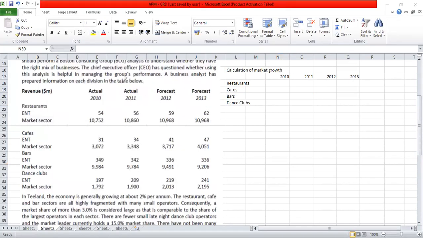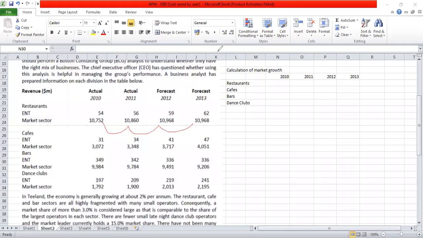The base year is 2010. This is about how the market is growing, not about how ENT is. From 2010, there is some change in the data in 2011. So 10,752 to 10,860. Then 10,860 to 10,960, then 10,968.